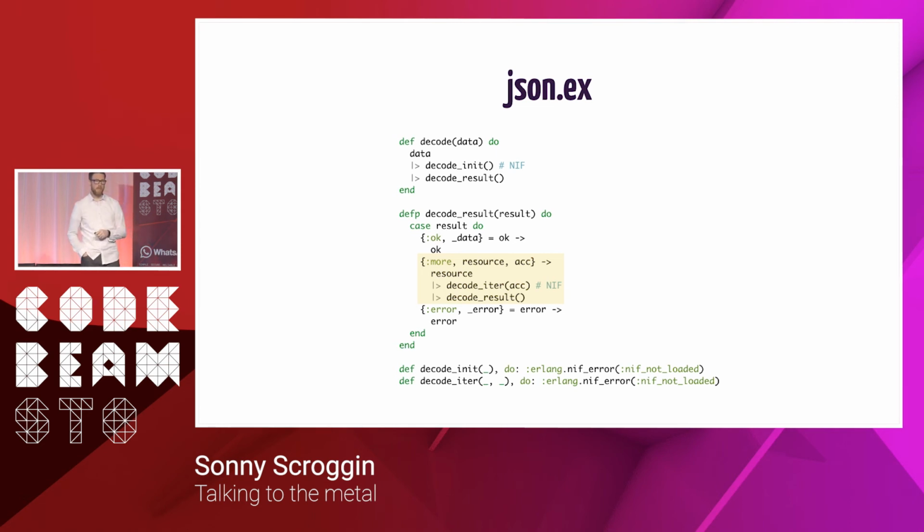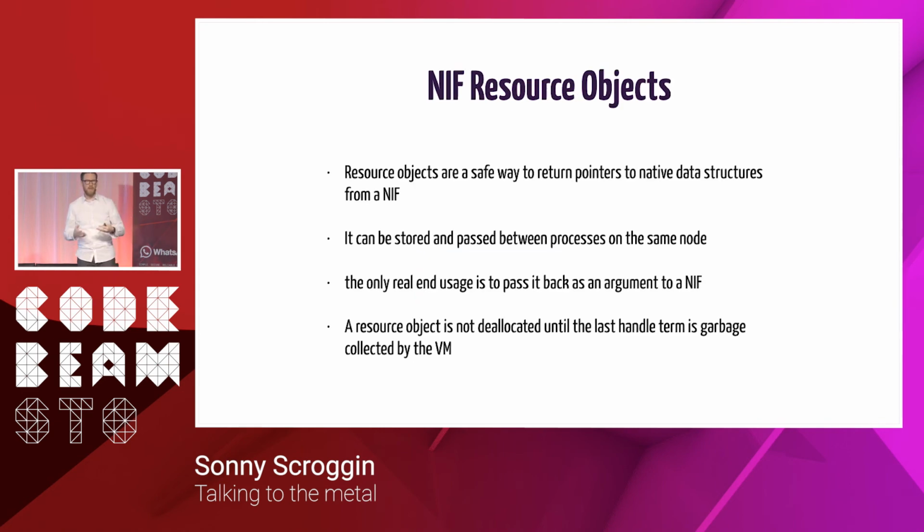This resource thing is pretty interesting. Resource objects are a safe way to represent a pointer to some data that lives inside the VM. If you try to inspect it on the Erlang side of things, it just looks like an empty binary, so it's opaque. You can't really do anything with it other than send it back into a NIF.